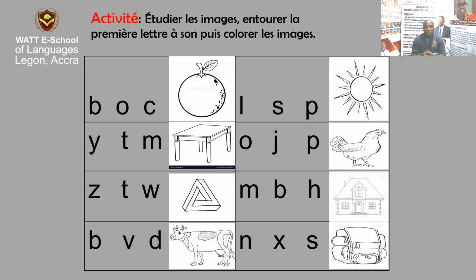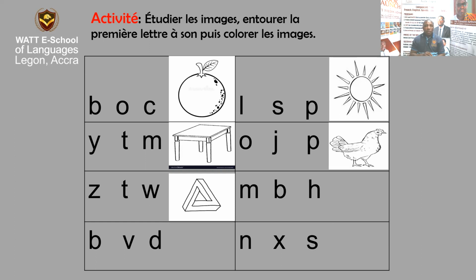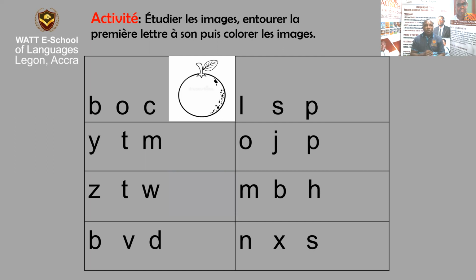But since you don't know their name in French, I am going to mention the names of the pictures on your screen. When I'm done, I will ask you to quickly tell me the first letter sound. We are going to start from the first one.